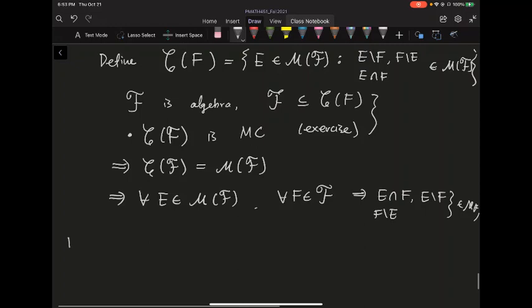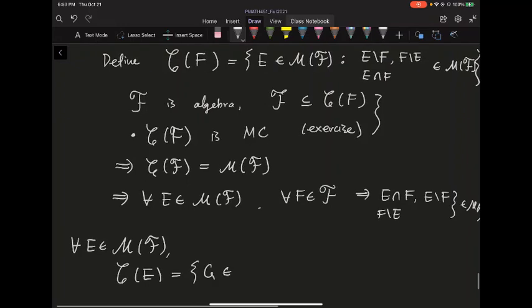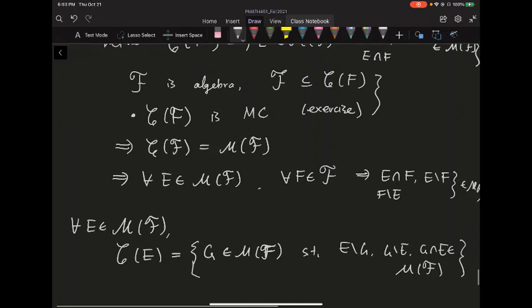Now for every E inside M of F, you do something really similar. You define, let's say, C of E to be all the G inside M of F such that E take away G, G take away E, and G intersect E are all three always inside M of F. You do really similar stuff.